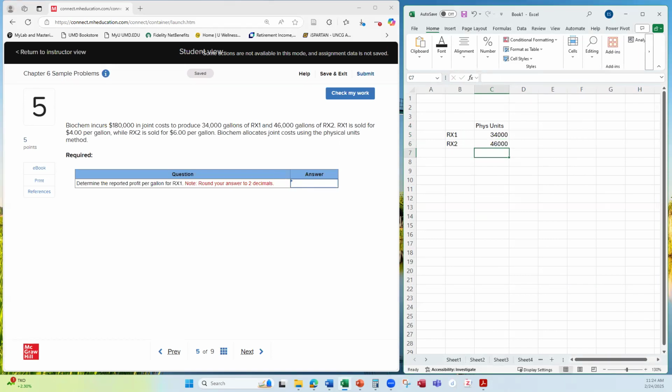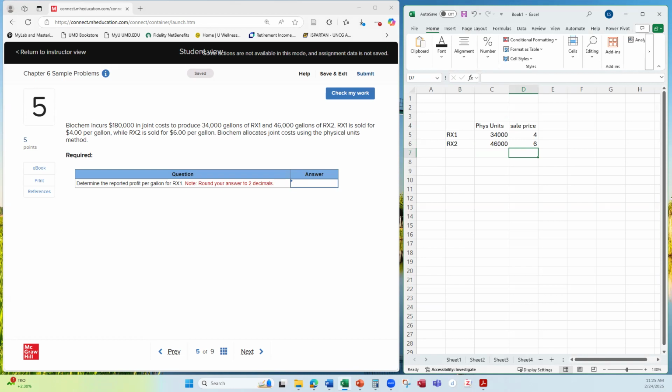And RX1 is sold for $4 per gallon. And biochem allocates joint costs using the physical units method.